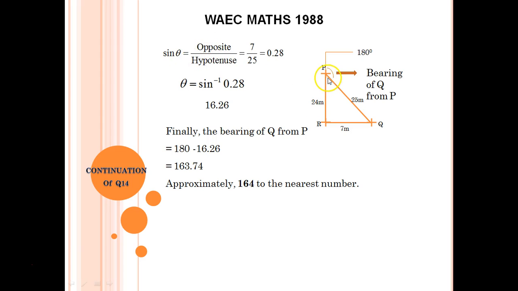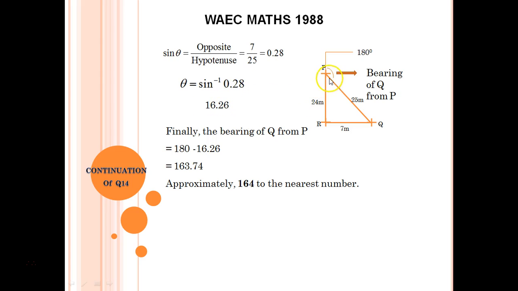This angle at P becomes theta, and this side here is the opposite, so it becomes 7, and 25 here is the hypotenuse. So sine theta is opposite over hypotenuse, which is 7 over 25, which is 0.28. Now how do we get theta? Theta is the sine inverse of 0.28, which is 16.26.